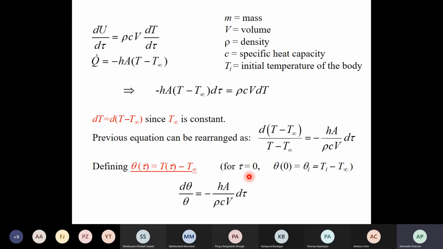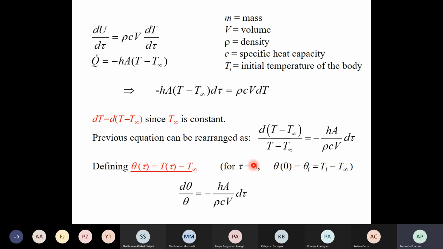As initial condition, I know that for tau equal to 0, theta is equal to theta I, the initial value, that was Ti, the temperature at the beginning of my body, uniform for all the points of the body, minus T infinite.